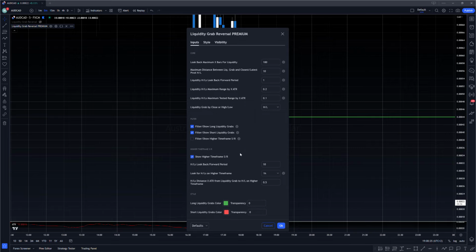But there is one more feature. So as I told you, this is a very good feature, that the maximum distance between liquidity grab and the closest or the latest pivot high low should be less than or equal to 10 candles. And this is the higher time frame super resistances.